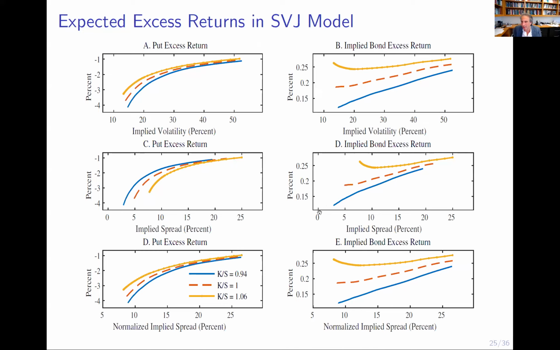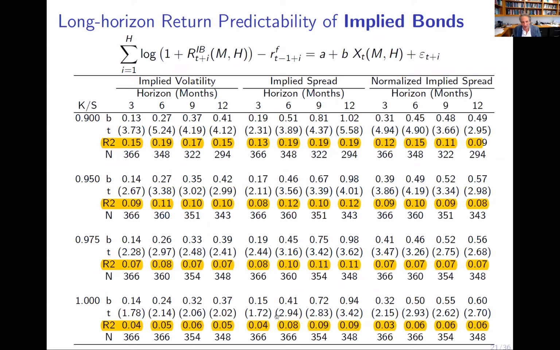There is a nice slope: higher spread, higher future expected returns. All good. And moreover, the more you go in the money, the flatter it becomes, meaning that if you are really in the money, then there shouldn't be any predictability. If you go back to the data, actually, you see that. The more you go in the money, the less predictability there is. Okay, so it's all good. It fits the data well.